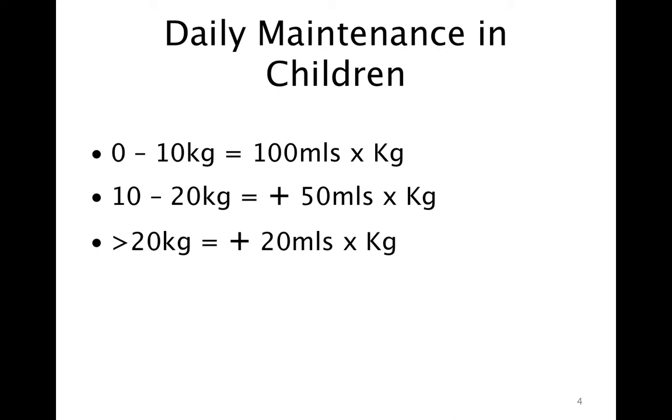If the child weighs over 20 kilos, the maintenance calculation is 1500 ml. It means 1000 ml for the first 10 kg, 50 multiplied by 10 for the next 10 kilos, plus 20 ml per kilo of the weight above 20 kilos.